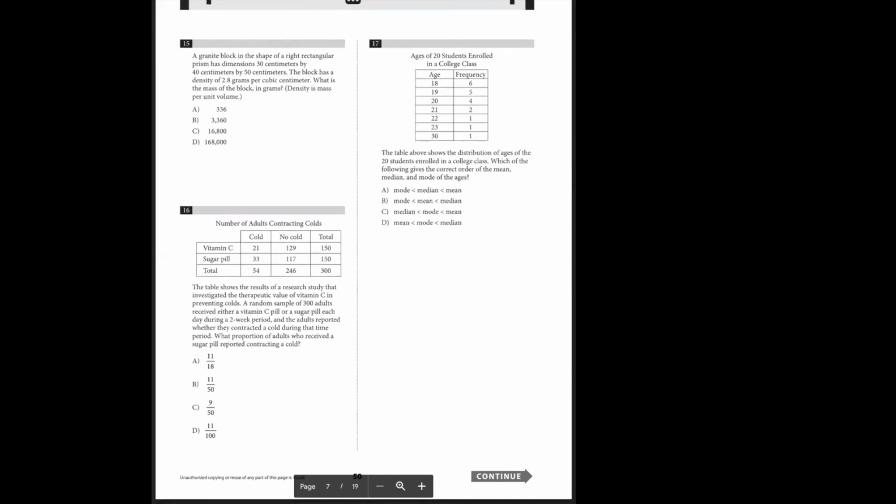So looking at this, you can tell there's gonna be the ages, 18, 20, whatever, going up. And then I'm gonna draw the frequency. So the highest frequency is 18, and then 19, and then 4, and then 2, and then 1, 1, 1. So I'm gonna draw this as a statistical curve, and I know that this data set is skewed right.